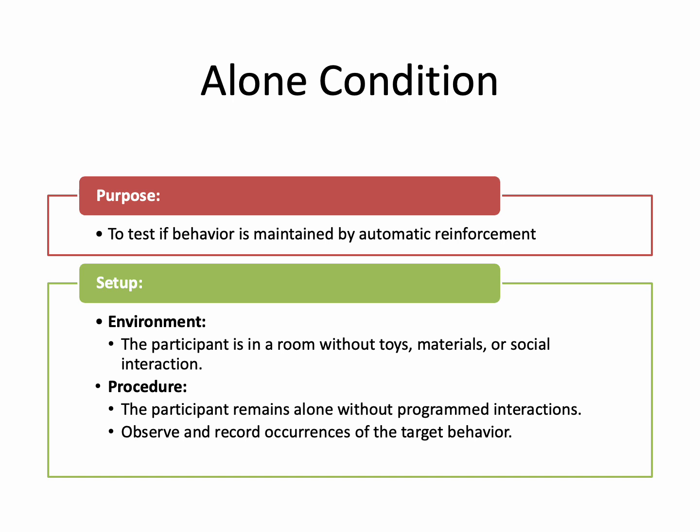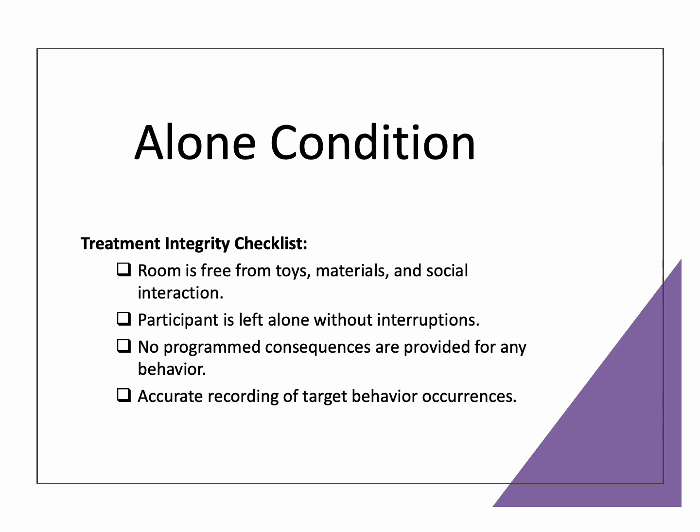Sometimes they choose to be out of the room. It really depends. But basically they are going to be without interaction. That's the general idea. And then you just simply observe and record the occurrences of the target behavior. If the behavior is in fact maintained by automatic reinforcement, it will occur within this condition, and you'll also see it occur across other conditions as well.